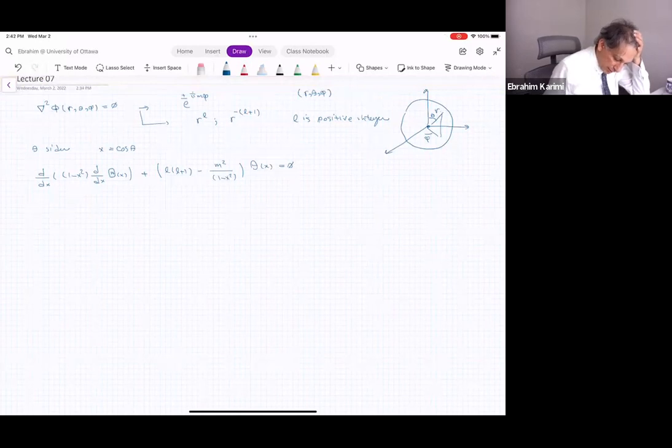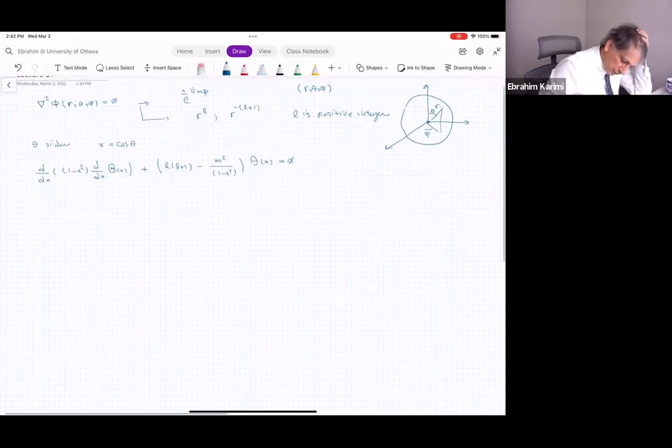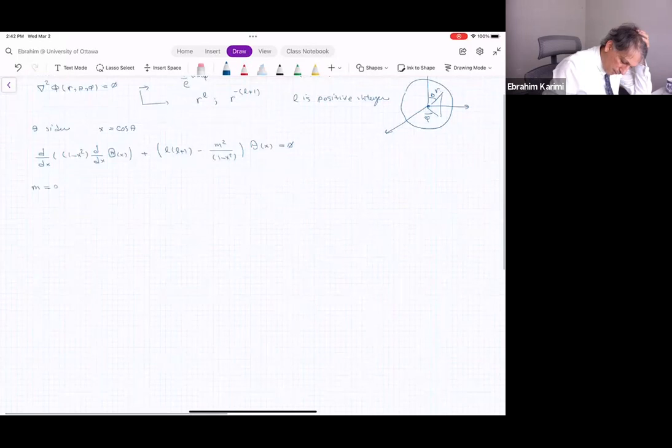And then we assume that we are solving the problem for the case of m equal to 0. And then we deal with this equation, which was d dx of 1 minus x squared d dx of Theta, plus L times L plus 1 of Theta equal to 0.